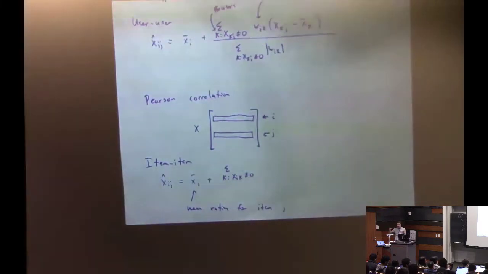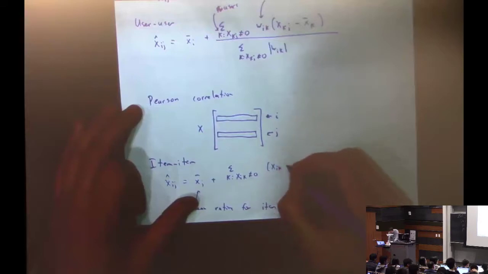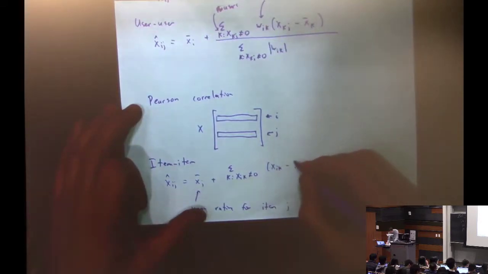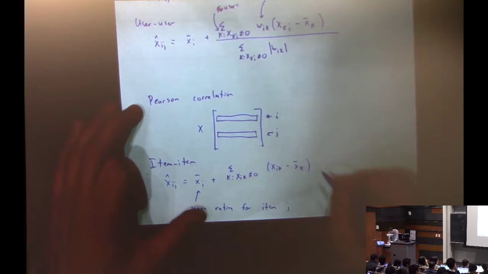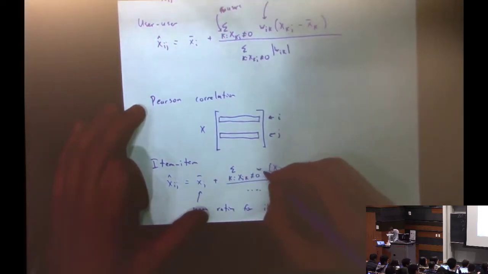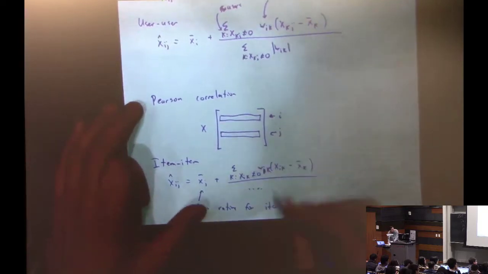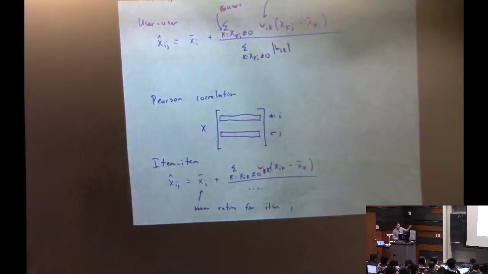I sum over all the things that I've rated before, right? So this is me, user i here. I look at all the things I've rated before, and I look at what I rated them minus the average rating of item j. And then I normalize by the same thing, or sorry, I have a w jk here, divided by the same normalizing thing, where again there should be an absolute value.